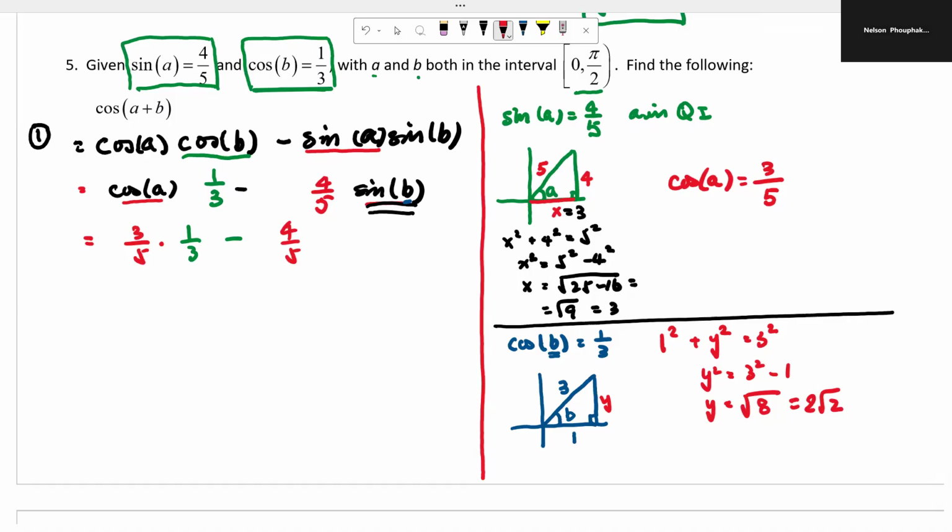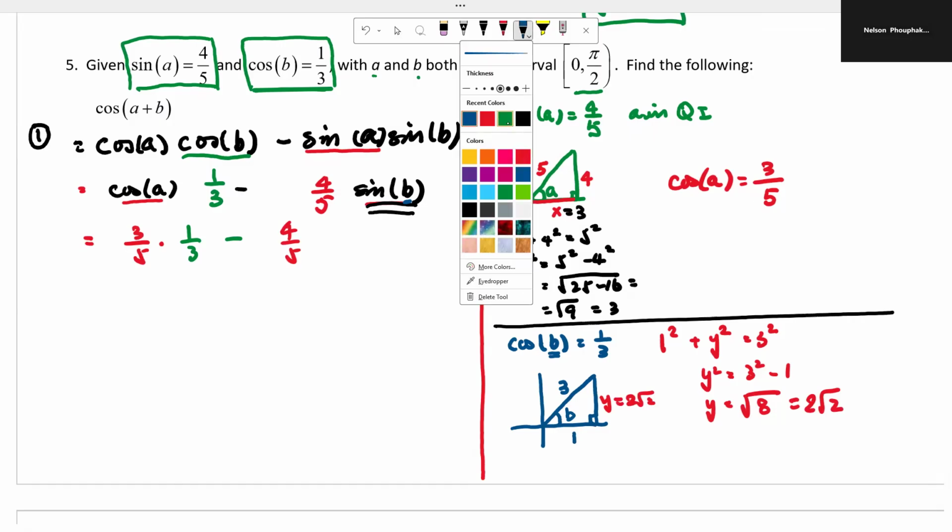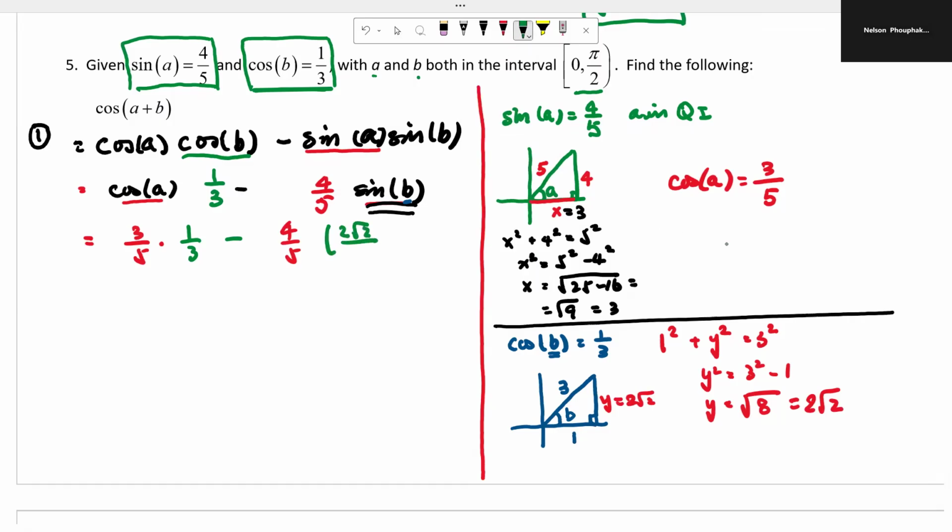Then now, of course, my sine of B will be 2 root 2 divided by 3. Okay. Then now, let's just simplify. My answer will be 3 minus 8 root 2 divided by 15.